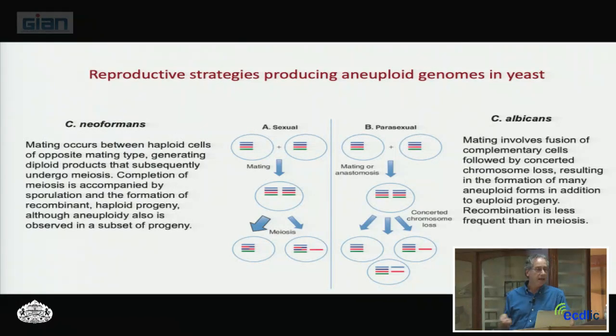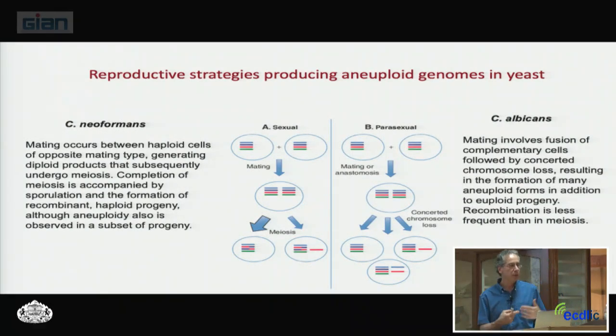This aneuploidy has been well described in yeast, and it can arise by a sexual reproductive strategy that's been described in Cryptococcus neoformans, which do have a true sexual cycle involving meiosis, but they see a fair amount of aneuploidy. But what was most interesting to us is this parasexual cycle described in Candida albicans, in which these aneuploid products of genetic exchange are really well described.